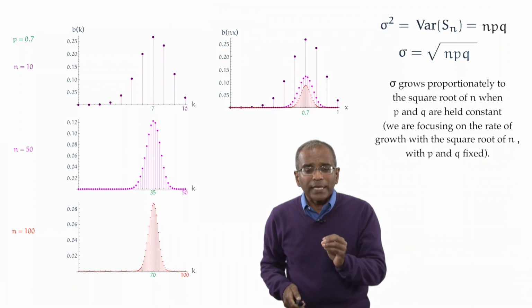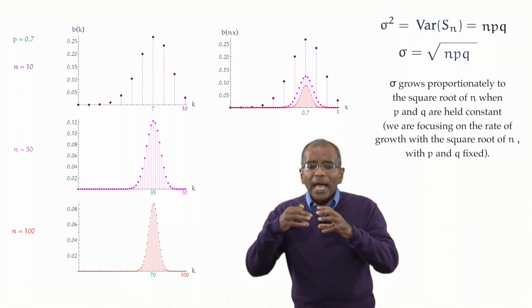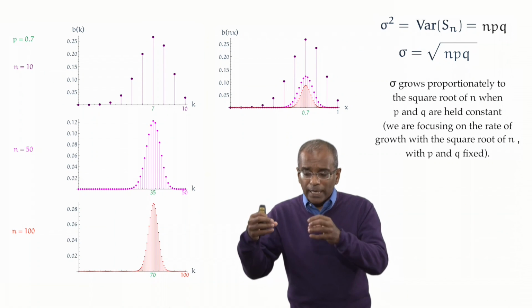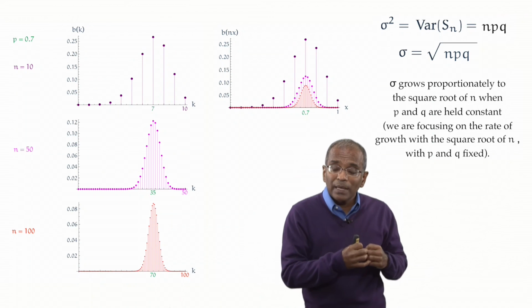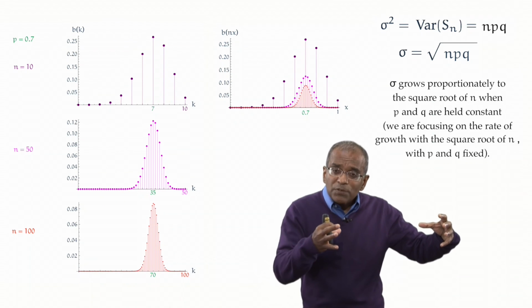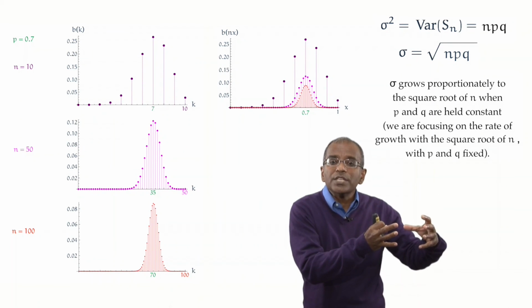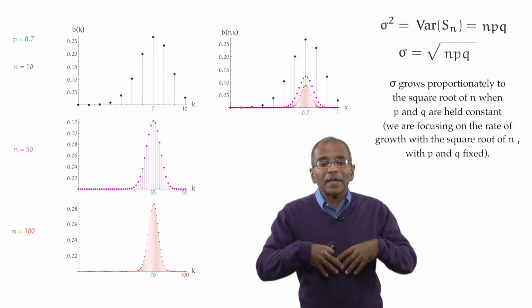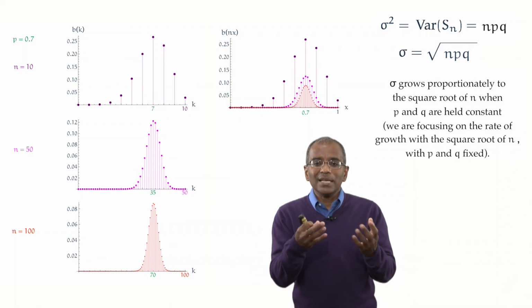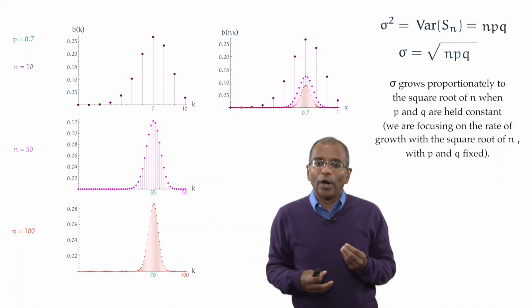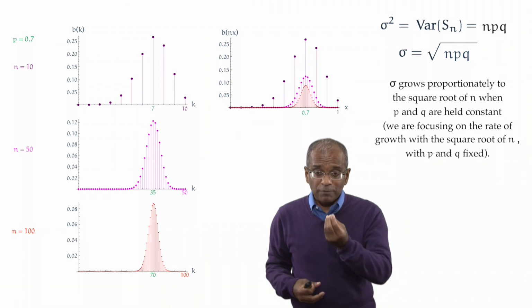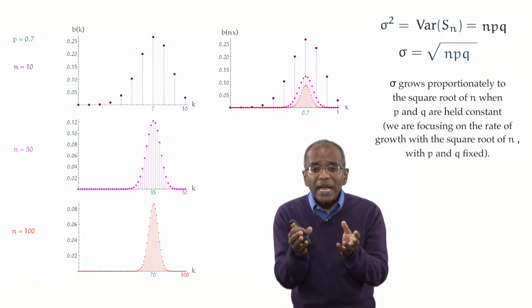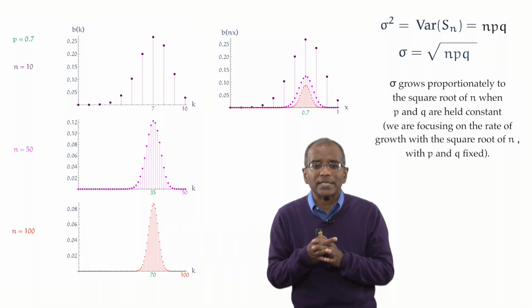The whole point of the exercise is this. As n increases, the center of mass ineluctably moves to the right. But the relative spread only increases like the square root of n. So if n is 100, then the center is at 70 for a coin with a bias of 0.7. It's at 50 for a coin with bias 0.5. But the spread is about plus or minus 10 in both cases.